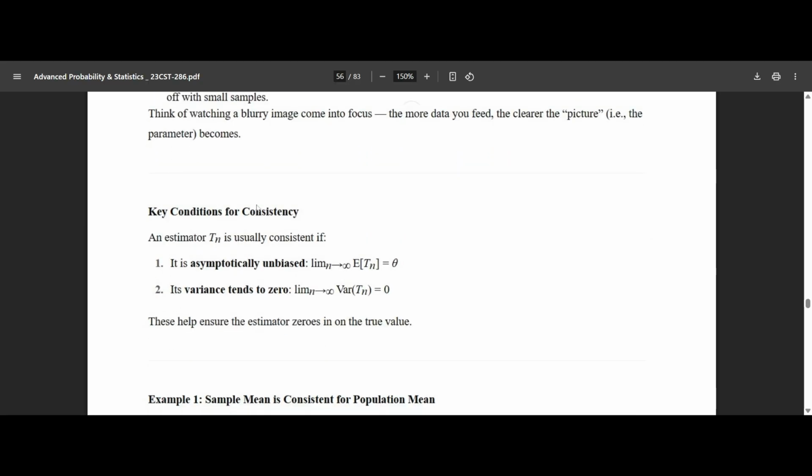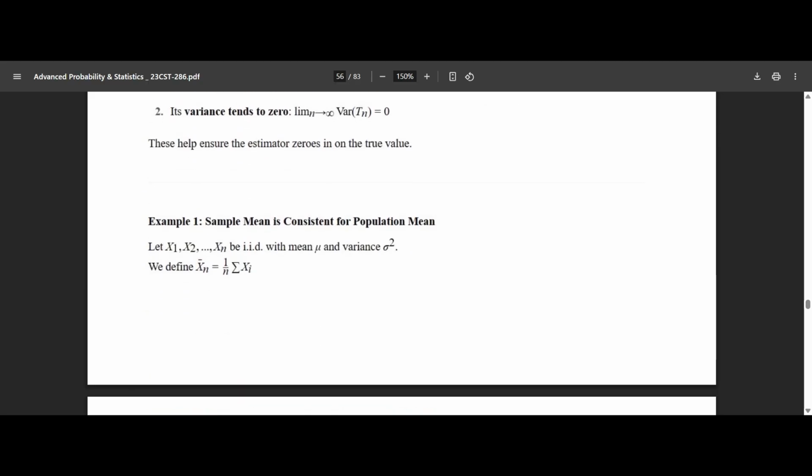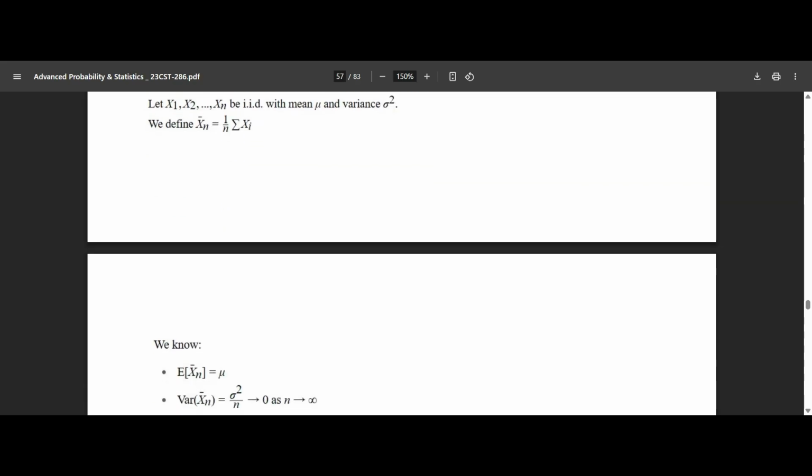Now, what are the key conditions for consistency? An estimator Tn is usually consistent if it is asymptotically unbiased, that is, limit n tends to infinity, E of Tn equals theta, that is, the expectation of the estimator is theta, and its variance tends to 0. So mind you guys, if any question related to consistency comes in the exam, you just have to verify these two properties. Okay, so sample mean is consistent for population mean.